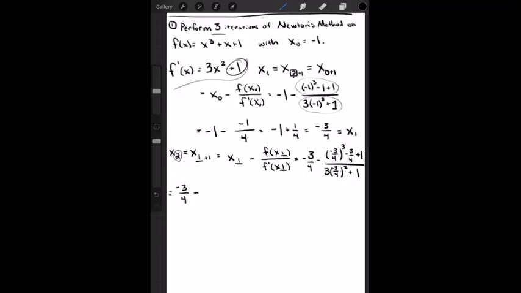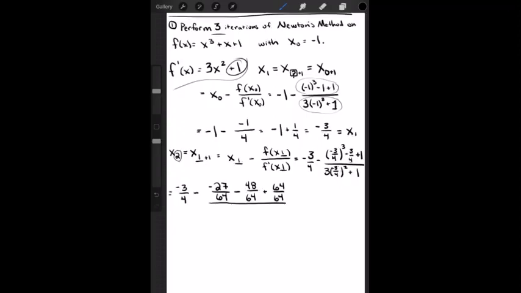So if we cube that out, I'm going to go ahead and multiply this top and bottom by 16, and this one by 64, just so we can add that all together.